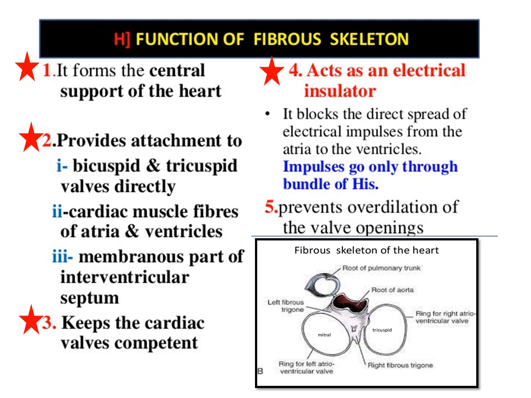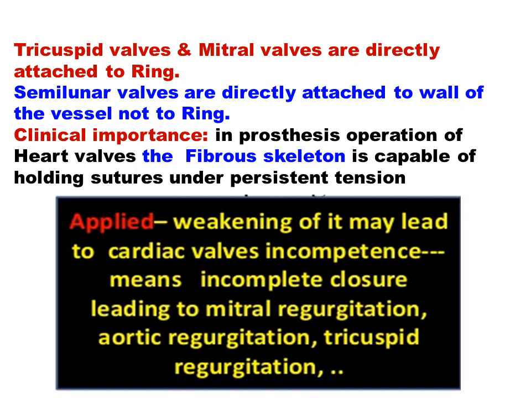Impulses go only through the bundle of His, prevents the overdistension of the valve opening. So therefore to note that the tricuspid valve and the mitral valve are directly attached to the fibrous skeleton ring. Semilunar valves are directly attached to the wall of the vessel, not to the ring.